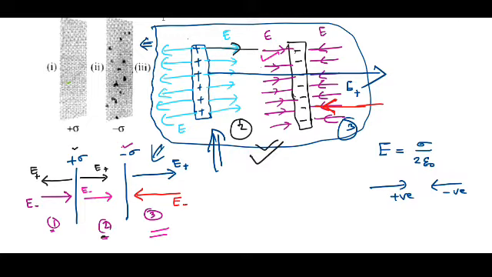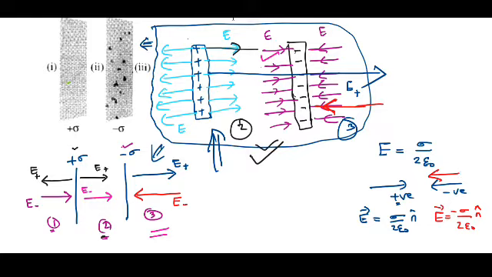Then for this positive electric field, I will write E equals sigma divided by 2 epsilon 0 n cap in the positive direction. If it is oriented in the negative direction, like this, I will represent this electric field as E equals minus sigma divided by 2 epsilon 0 n cap, because it is oriented along this negative direction.